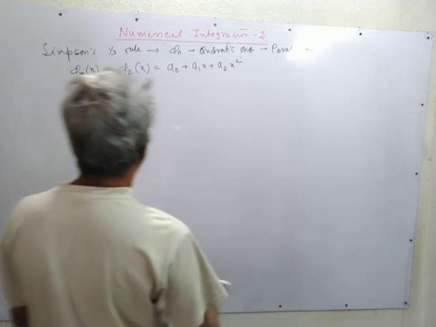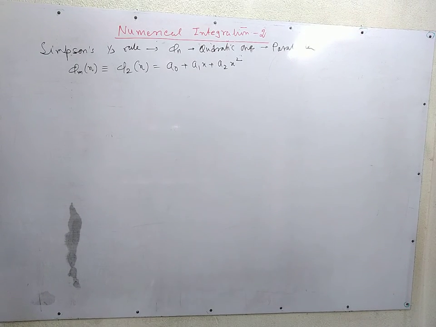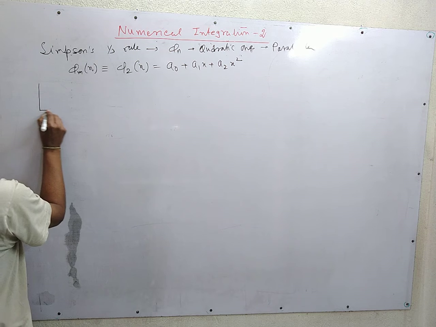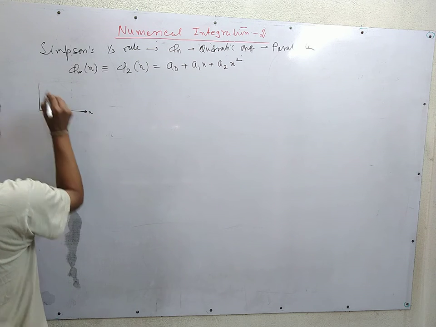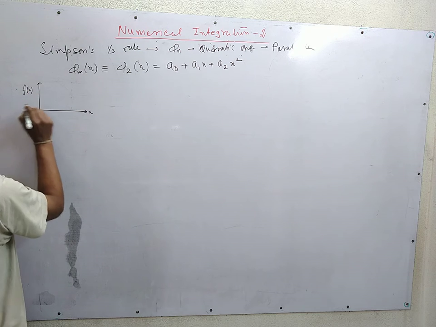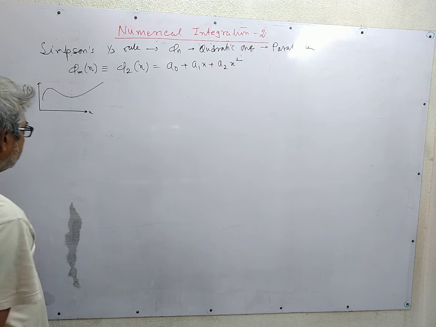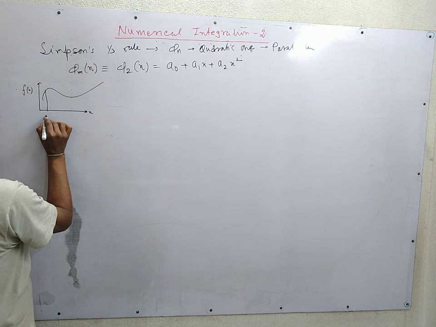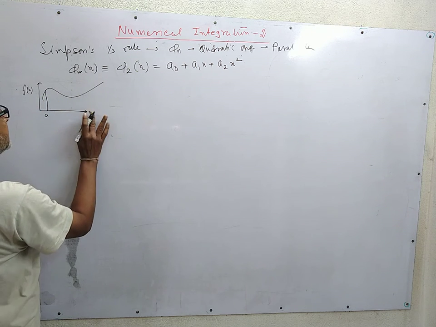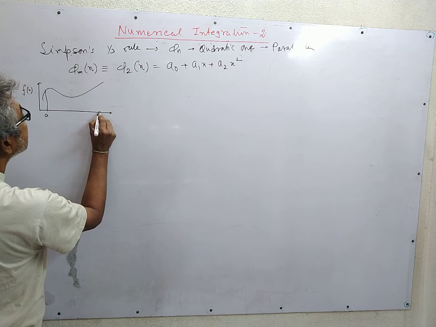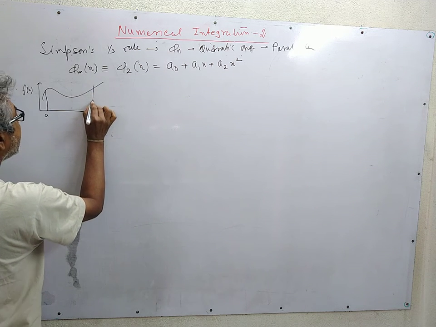This is the basic assumption, and as before we use the definition that the integration from a to b of f of x dx is the area under the curve. So we consider x0 as a and xn as b.